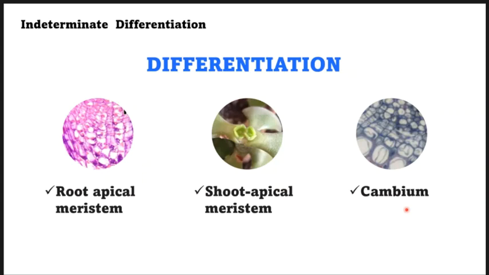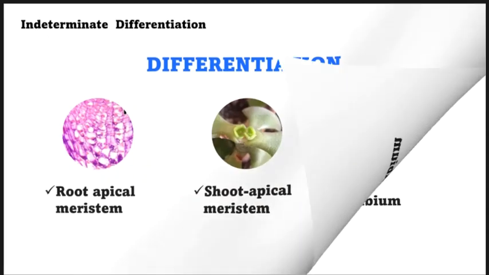That is, there is no end to its growth till senescence. Among these types of differentiation, meristem is the most basic one. They ensure one lineage of cells will retain their ability to differentiate throughout their life, like root apical meristems, shoot apical meristems, and cambiums.